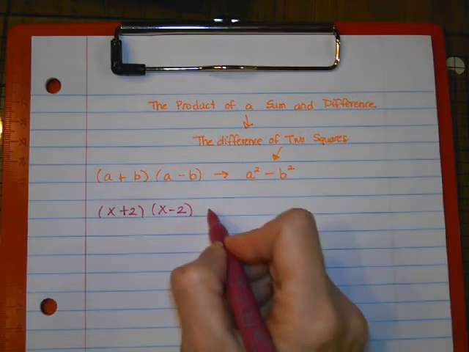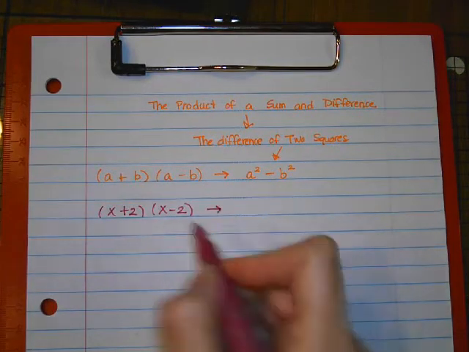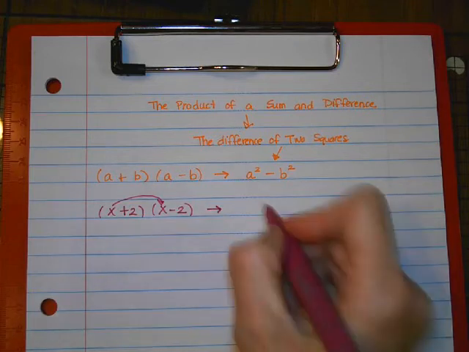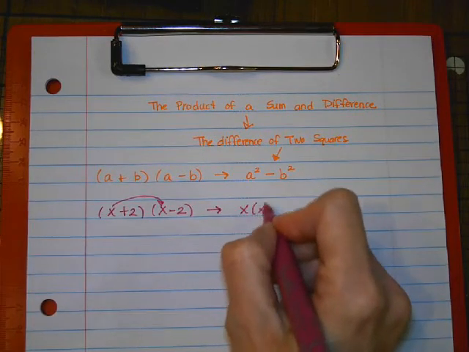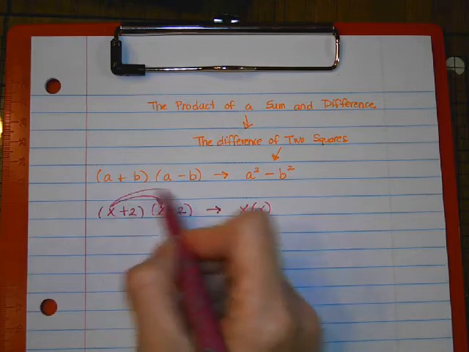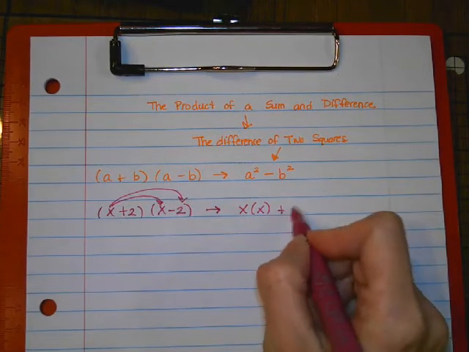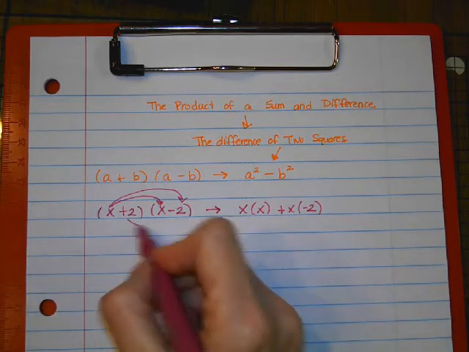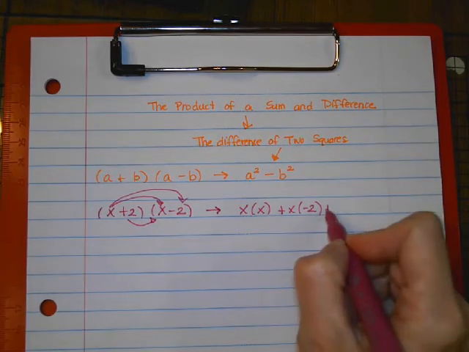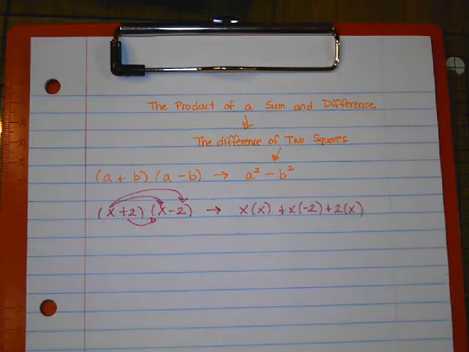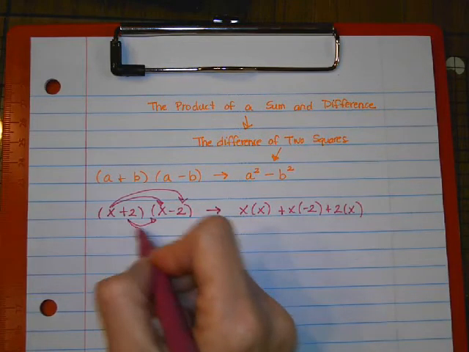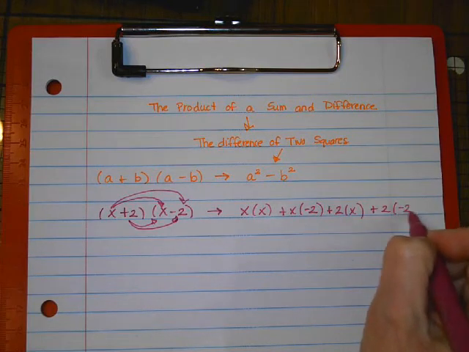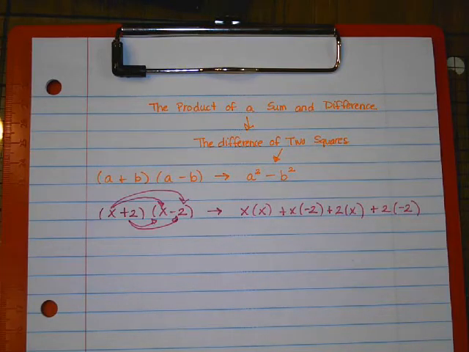The long way, which you learned last week, is to take our x and multiply it by our x, then our positive x times negative 2, then our positive 2 times positive x, then our positive 2 times the negative 2.